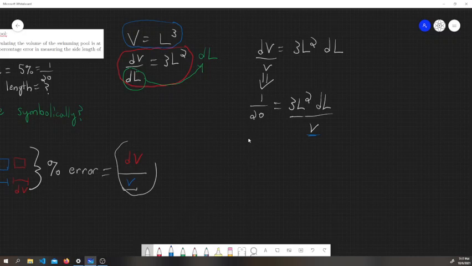So then we get that 1 over 20 is equal to 3L squared dL over L cubed.